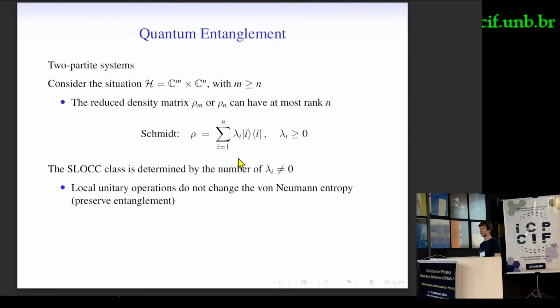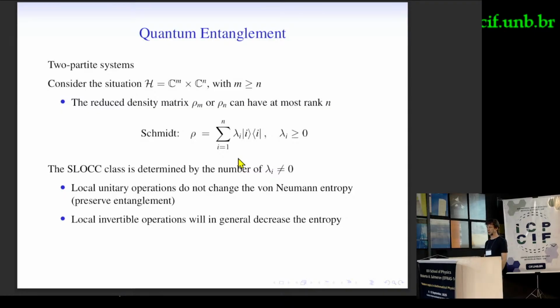Well, one observation is that if you apply local unitary operations, they will not do anything to entanglement. In fact, they preserve the von Neumann entropy. But what can change the amount of entanglement are local invertible operations, general invertible operations which are not unitary.